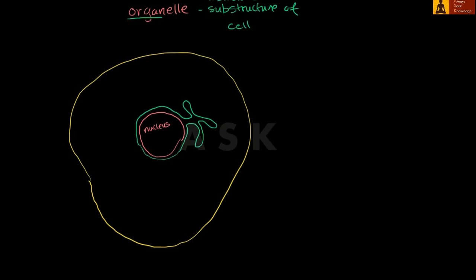We have talked about Golgi bodies. Once again, membrane-bound structures, so it is also an organelle. So that's a Golgi body right over there. We have the endoplasmic reticulum right over there.